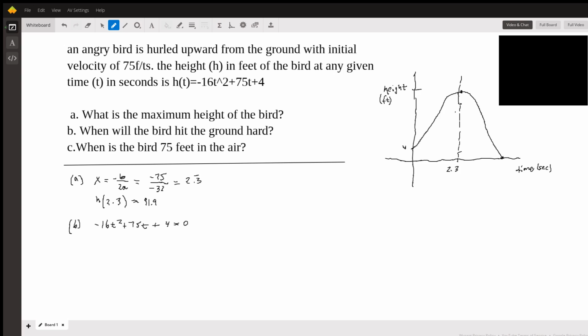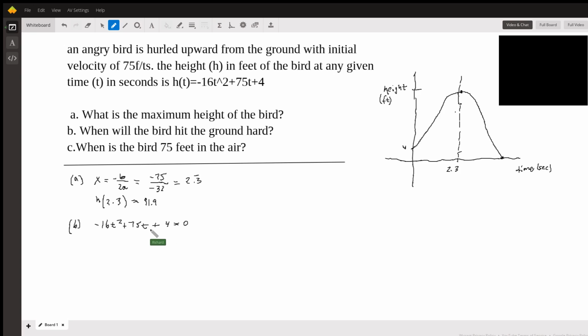And you would have to use quadratic formula to get the answer. And I'm assuming you can do that. But I'm going to use my calculator to find the answer. Unfortunately, this quadratic does not factor, and you'll have to use quadratic formula.